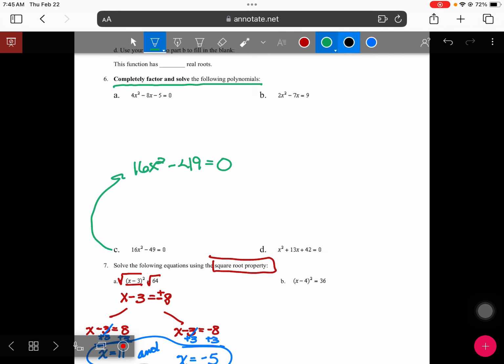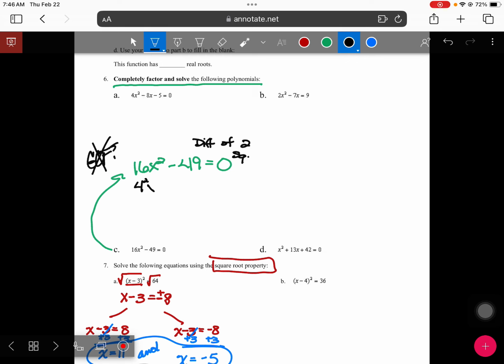All right. So then you say, if we're factoring GCF, do I have one? Does 16 divide into 49 evenly? No. How about 2 or 8? 4? No. So no GCF. And then you notice there are how many terms? 2. The only way we know how to factor this without a GCF is to check and see if this is a difference of 2 perfect squares. And you look at this and you're like, oh yeah, 16 is what squared?